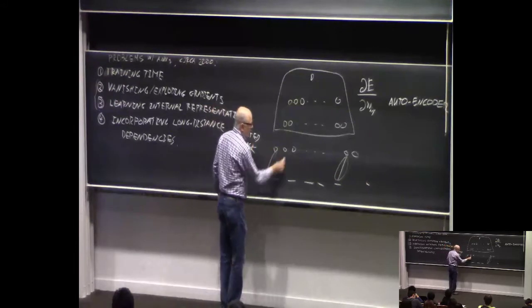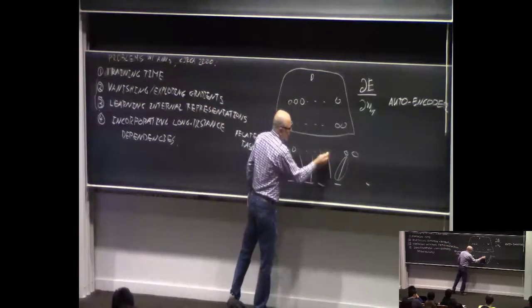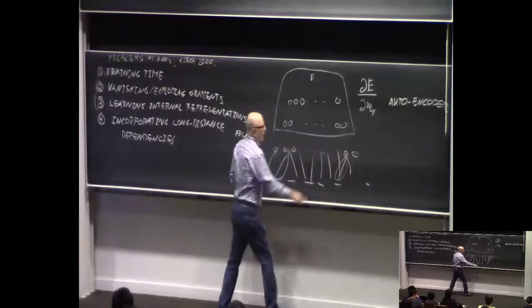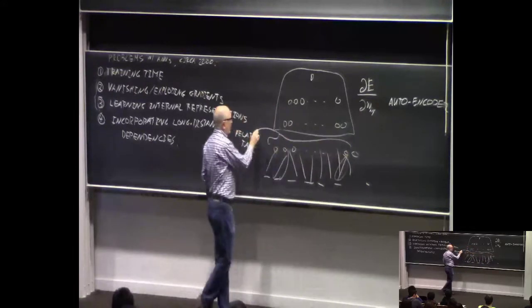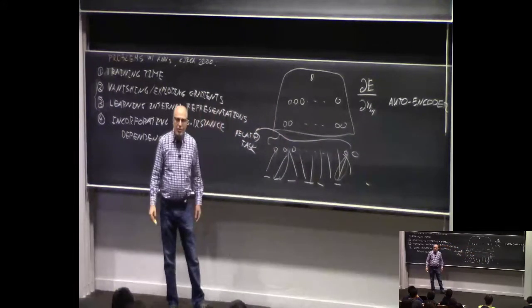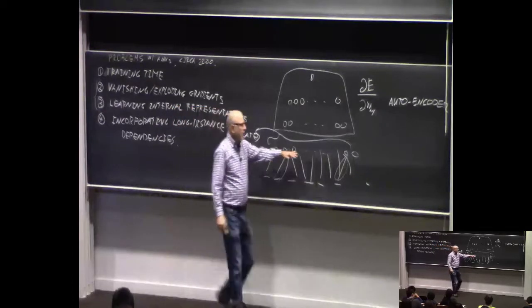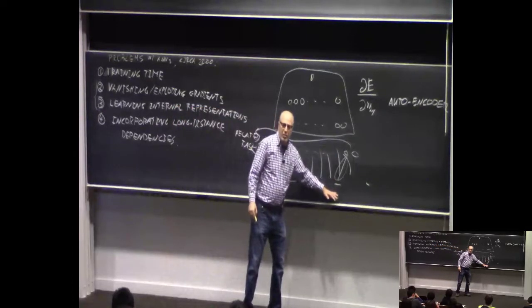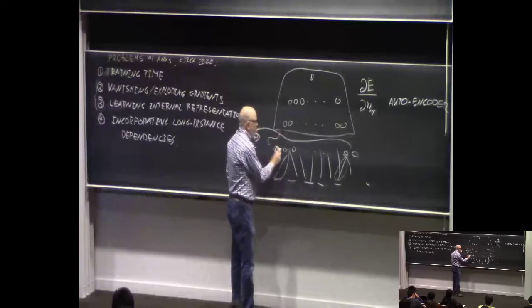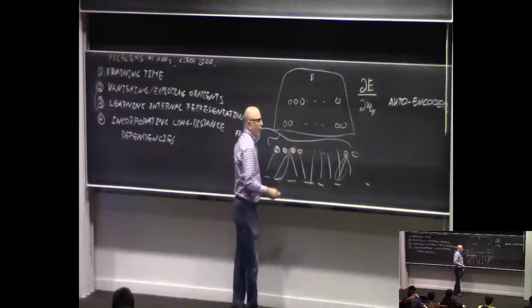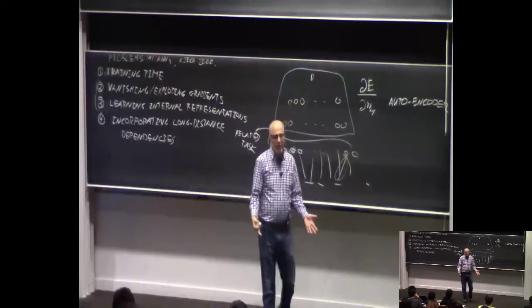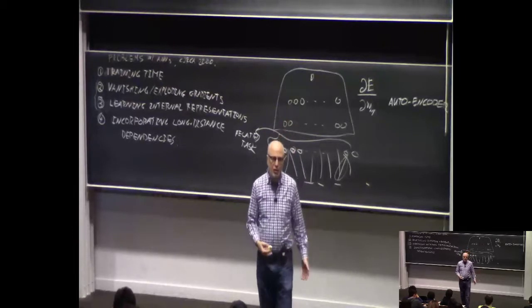And what you care about is these connections. And you train them to do the related task. And then you freeze these weights. Now you have a layer of useful, fairly basic, but useful features.